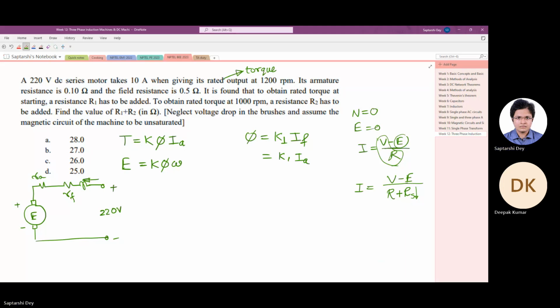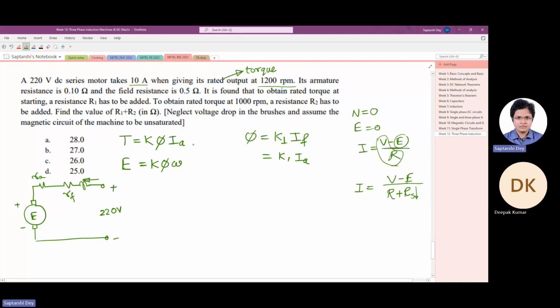Anyway, some data is given. The 220 volt DC series motor takes 10 ampere when giving rated output. Let us see what all we can find out from the given data.